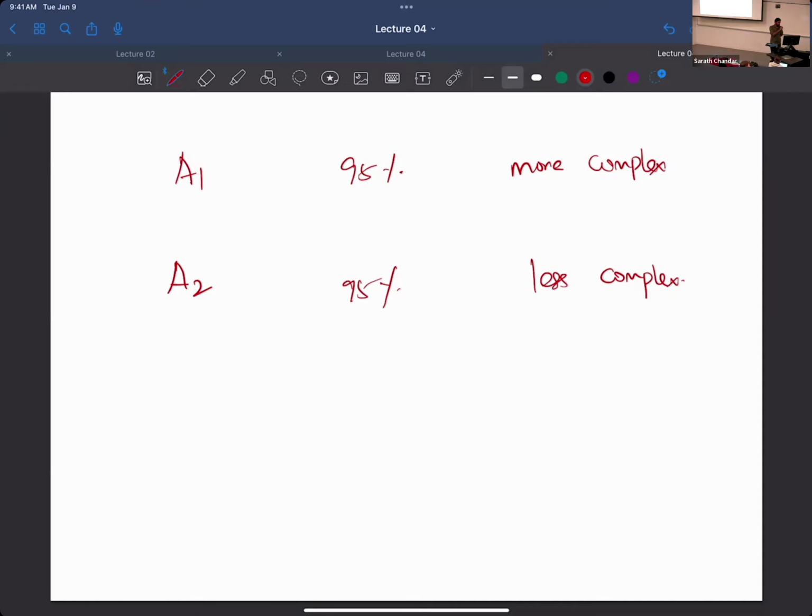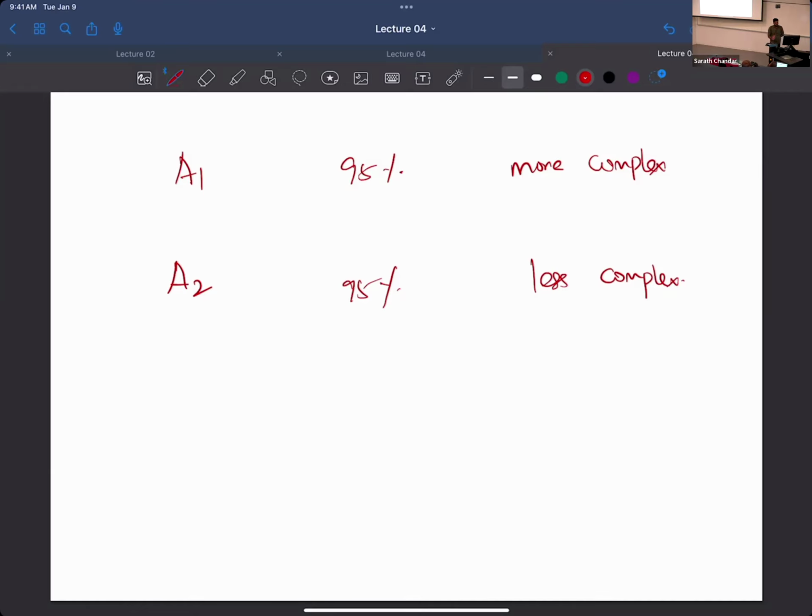For A1, since it's more complex, the more complex model is going to have low bias and high variance.